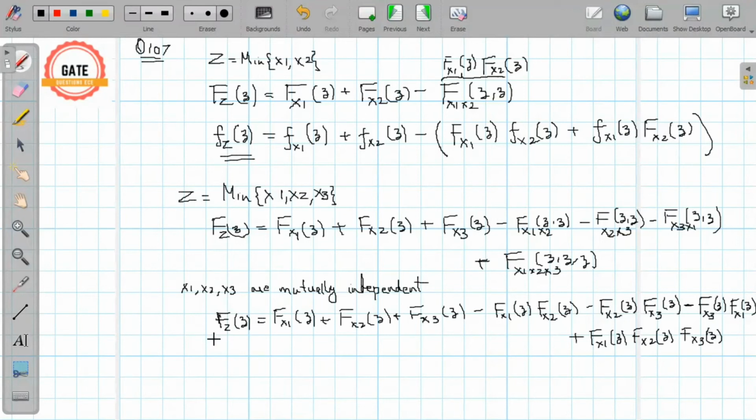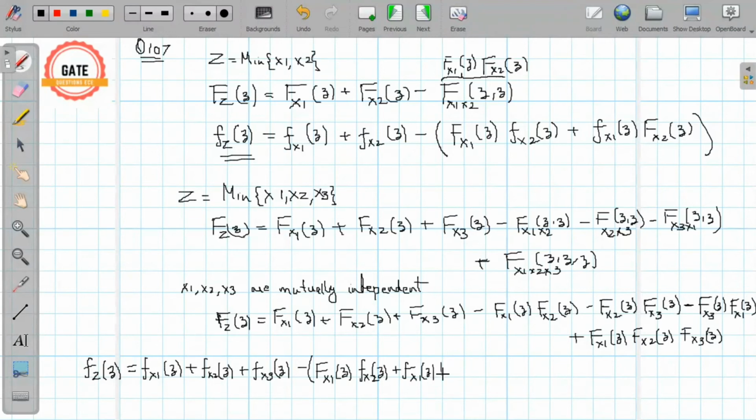Differentiating both sides, we get that f capital Z, sample value small z, will be equal to the sum of the marginal PDFs of x1, x2, x3, minus, differentiating this, we will get, similarly for this term.